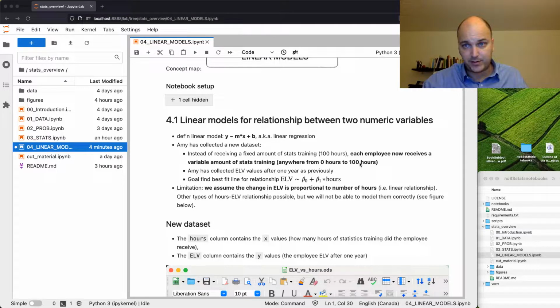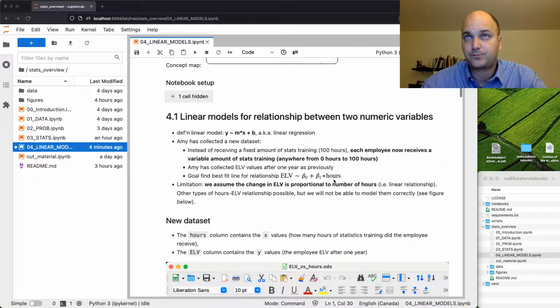We know what happens when you have 100 hours, but we want to know what happens if you do just 30 hours of training and so on. What we're going to try to build is a model of how the employee lifetime value depends on the number of hours of statistical training.